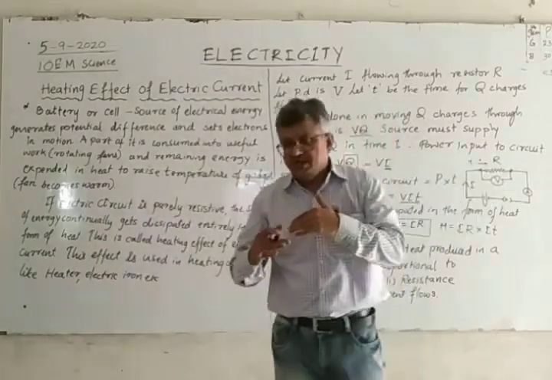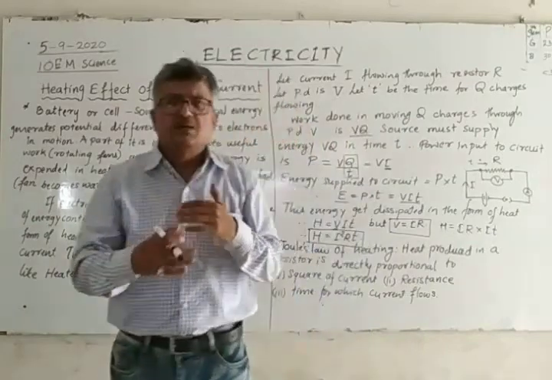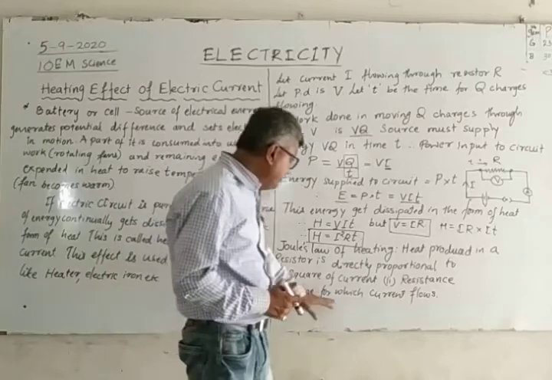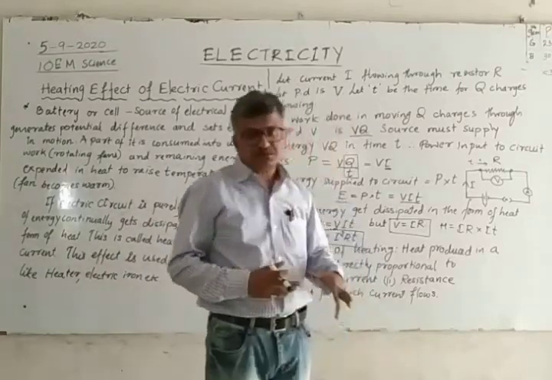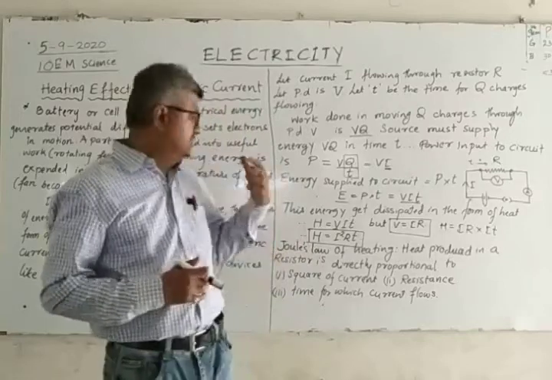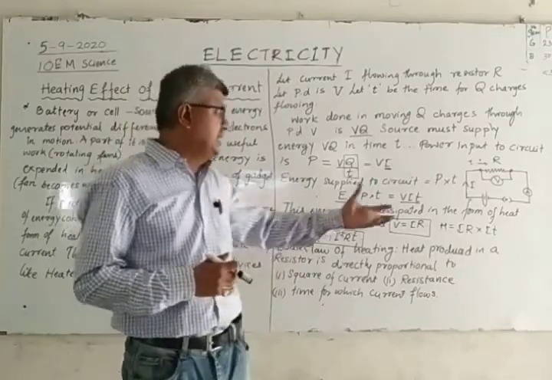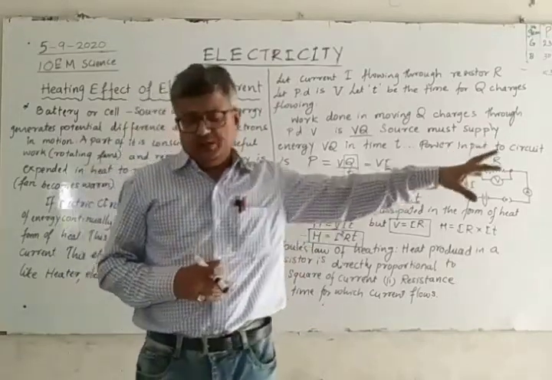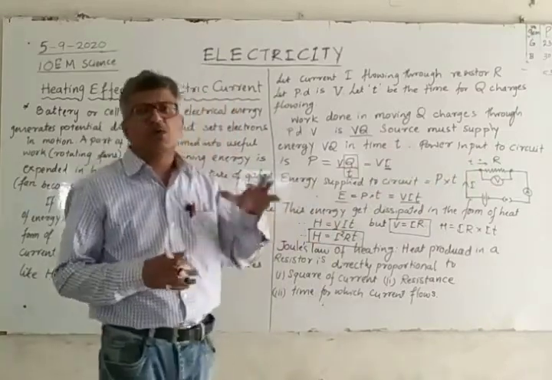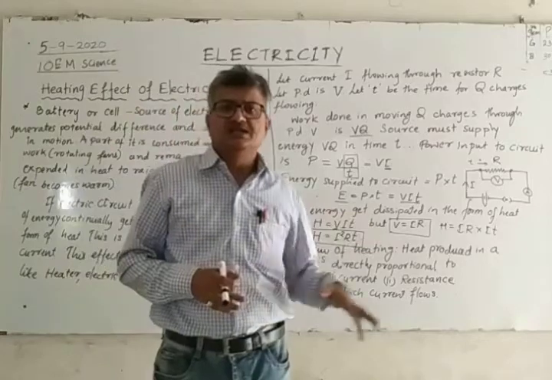Means if you take a higher resistance, more heat is produced. And the heat produced in the circuit is directly proportional to the time for which current flows in the circuit. Means if you pass the current for more time, more heat is produced.